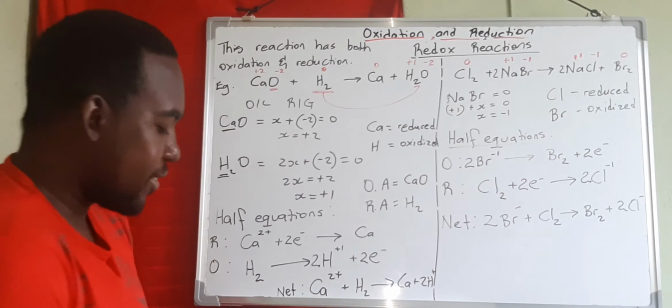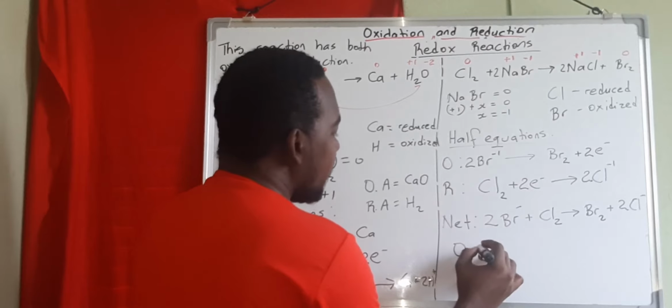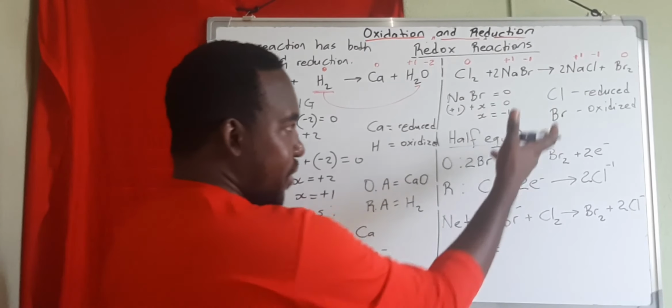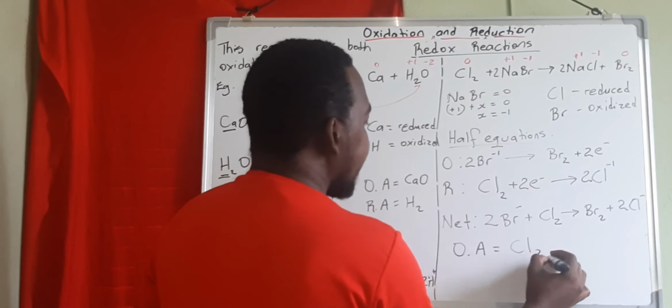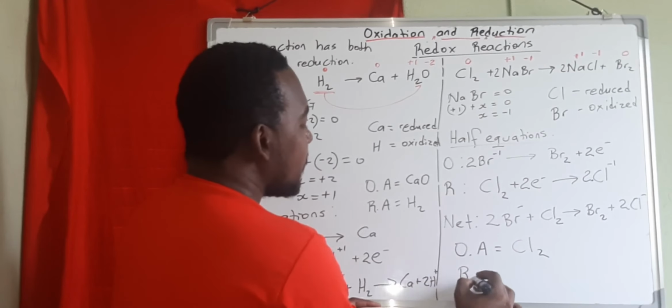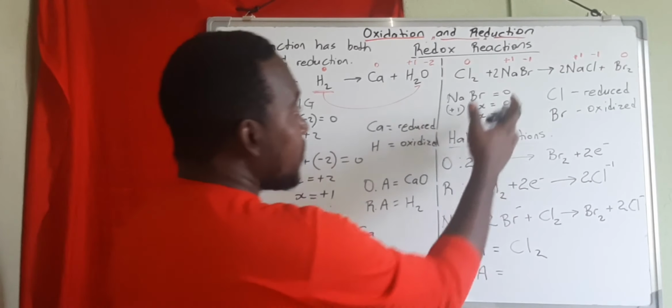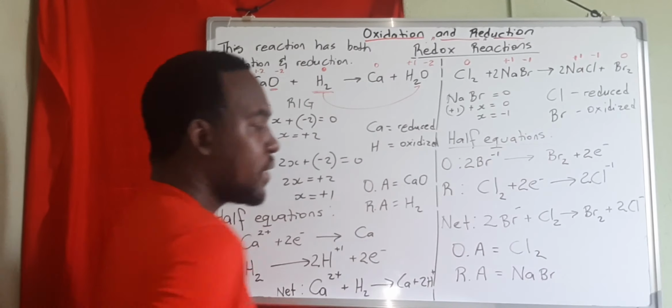So in this case, our oxidizing agent, OA, would be what was reduced, and in this case that would be our chlorine gas. And then our reducing agent would be what was oxidized, which is your bromine, which is in your sodium bromide.